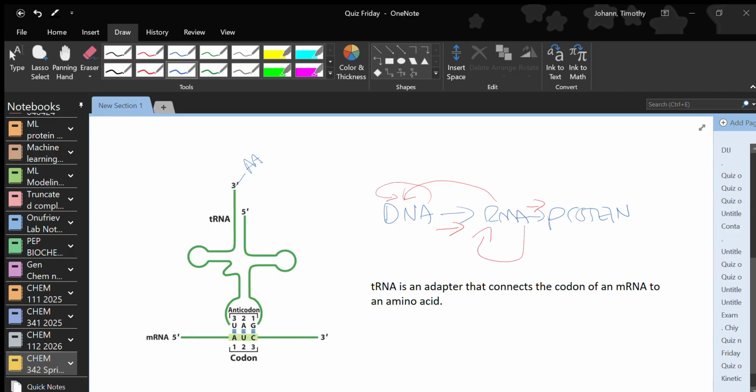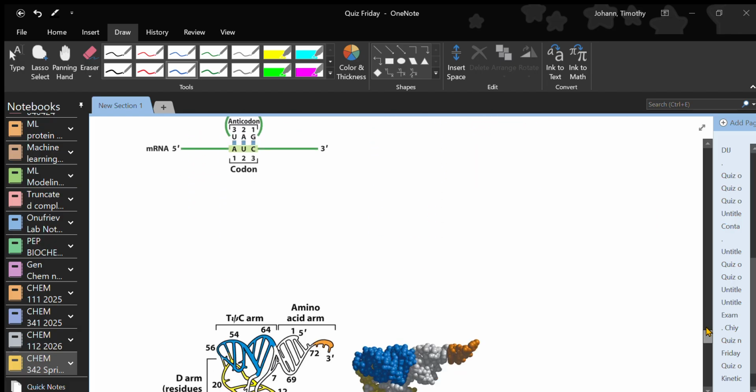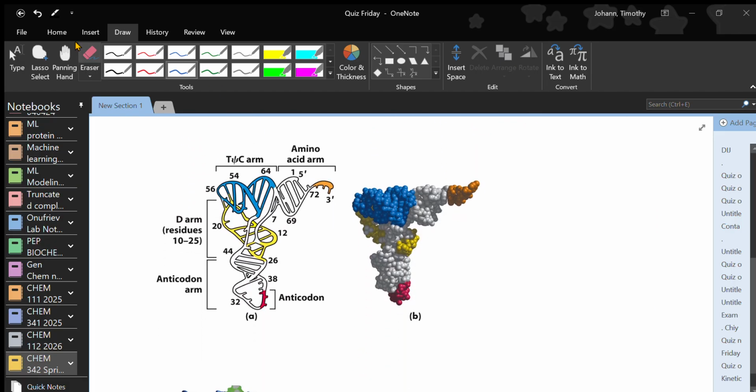Okay, but this is an adapter, so we're going to read the codon here. We're going to have the amino acid up there. Now you often see these cloverleaf diagrams, but really, this is actually the shape of that.